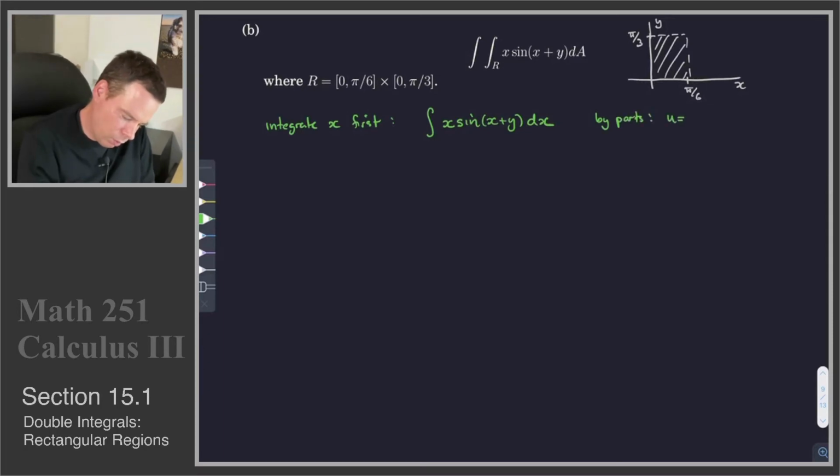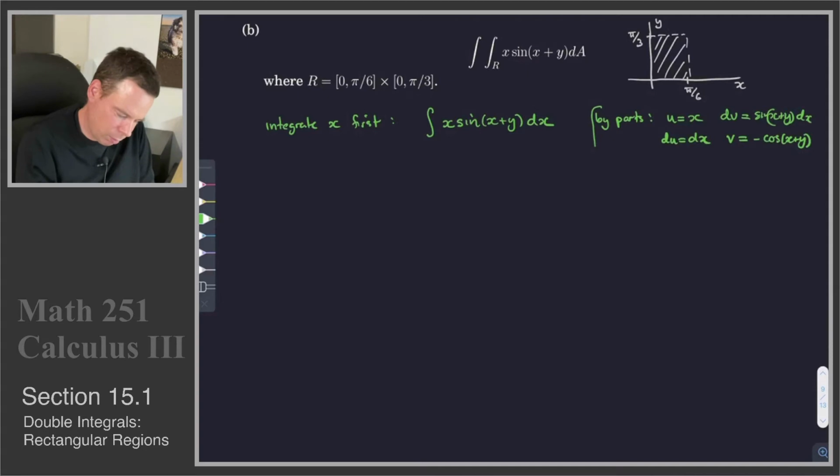We would take u to be x, because that we can differentiate. dv would be sine of (x plus y) dx. And so by parts, du is dx, and we'd anti-differentiate the dv to get what has a derivative of sine. That would be negative cosine of (x plus y).